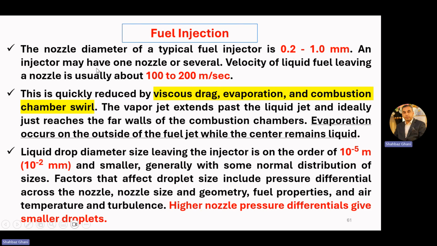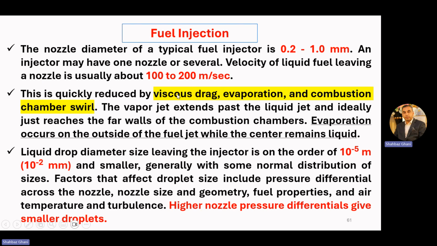An injector may have one nozzle or several, depending on how many nozzles are in the injector. The velocity of the liquid fuel leaving a nozzle is usually about 100 to 200 meters per second. Very, very high.